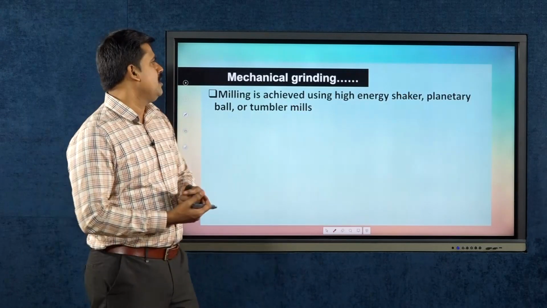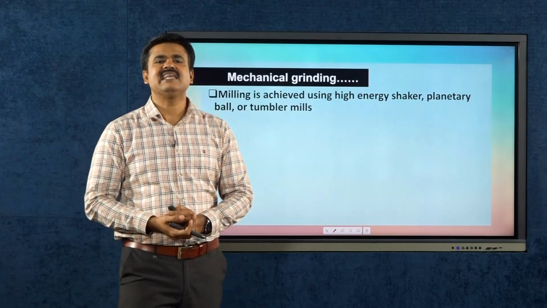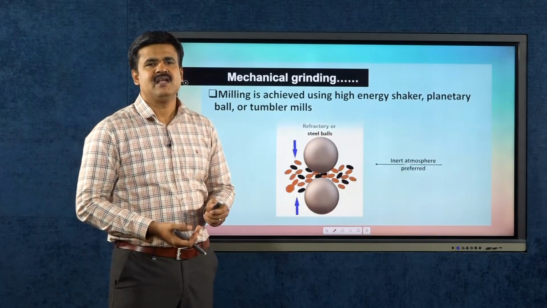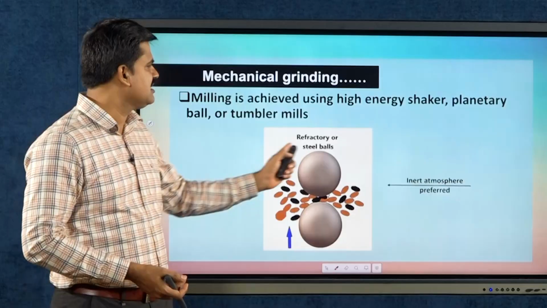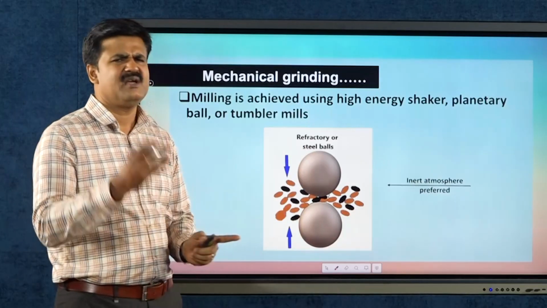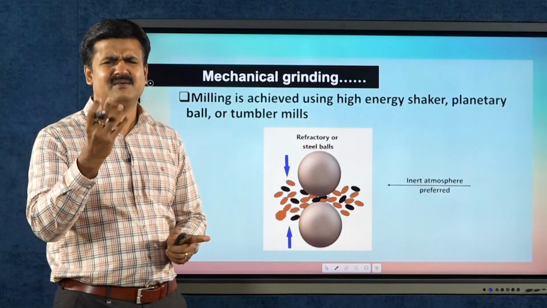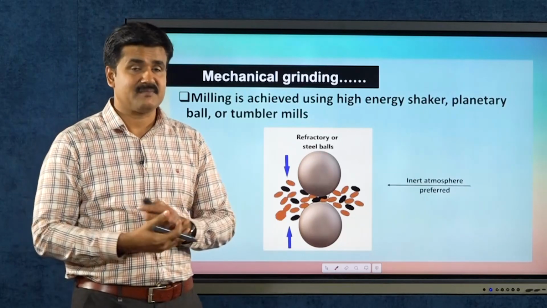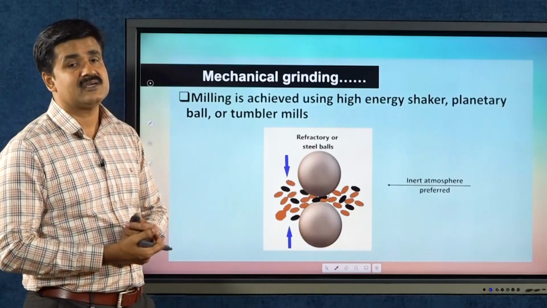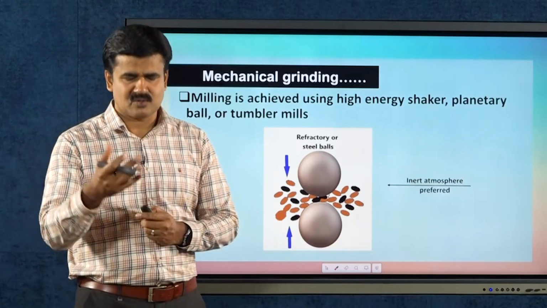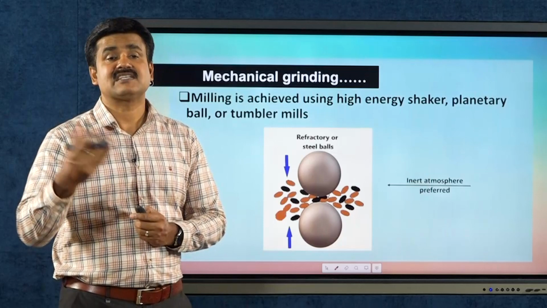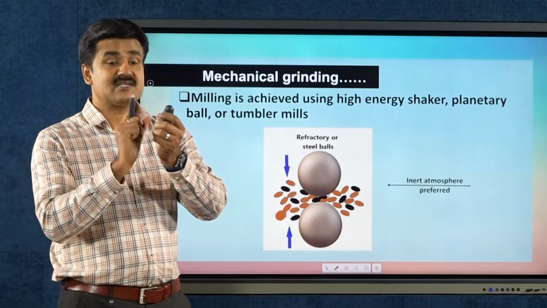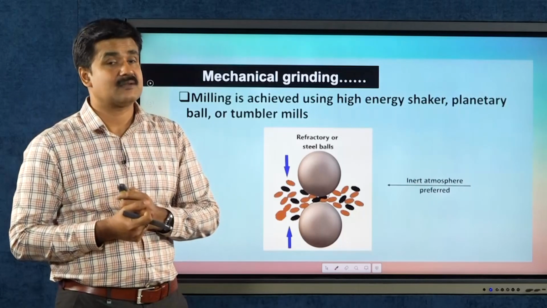And milling is achieved by high energy shaker, planetary ball or tumbler mills, and this is the arrangement. These are two high energy balls made up of some steel alloy or some refractory materials. What are refractory materials? You heard in your plus 2 or school classes that refractory materials are materials which can withstand high temperature, and these balls must be made of hard refractory materials.